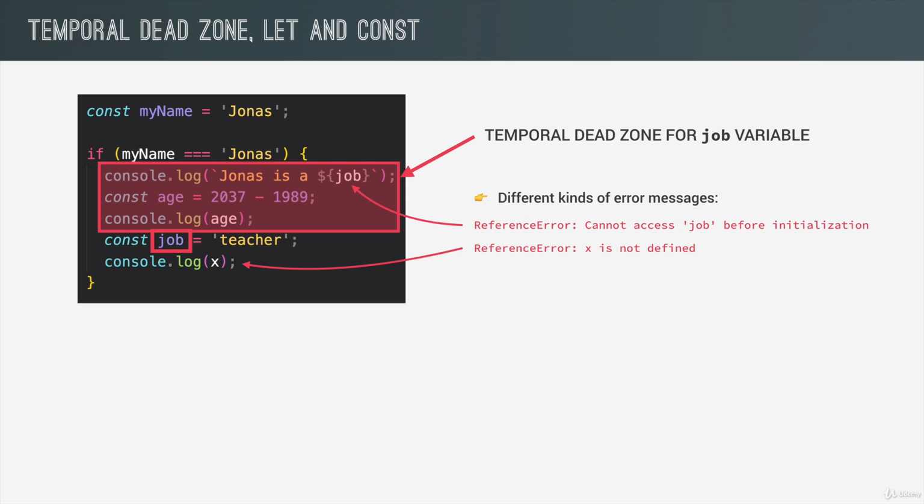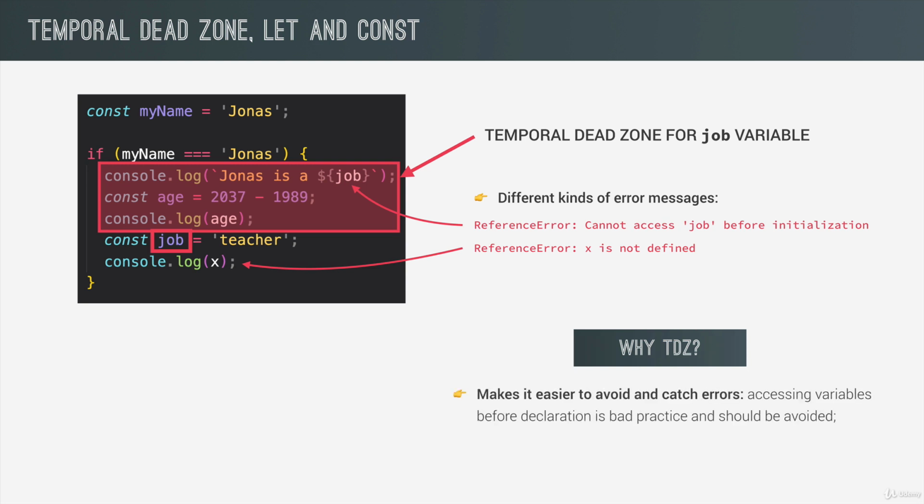All right, now what is actually the need for JavaScript to have a temporal dead zone? Well, the main reason that the TDZ was introduced in ES6 is that the behavior I described before makes it way easier to avoid and catch errors. Because using a variable that is set to undefined before it's actually declared can cause serious bugs which might be hard to find.